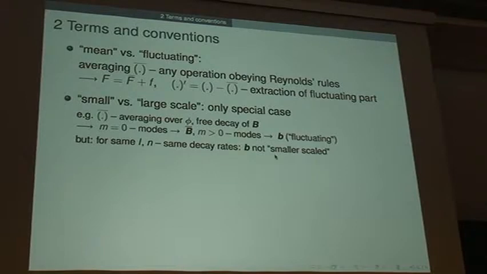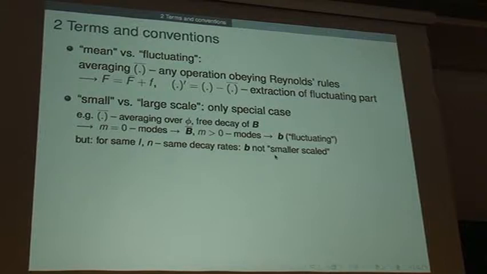But if you now identified these modes with large scale and these modes with small scale, you would run into an unreasonable conclusion. Because if you consider the decay modes of B, then there is a degeneracy with respect to m.